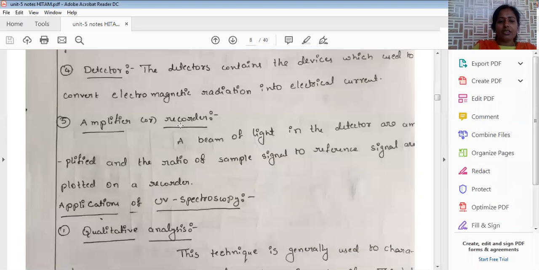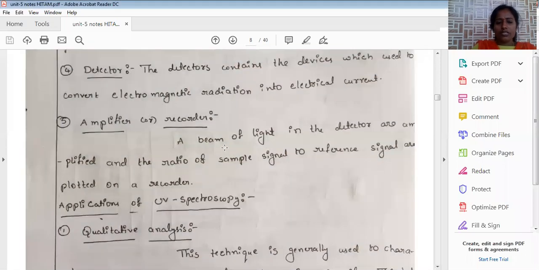Next we have the amplifier, which amplifies the signals, enhancing their strength. The ratio of sample signal to reference signal is plotted on the recorder. The recorder is a graphical representation of the signals absorbed by the given compound. In that way, we get the UV visible spectrum on the recorder. The amplifier is mainly used to intensify the signals. That is the instrumentation of UV visible spectroscopy.